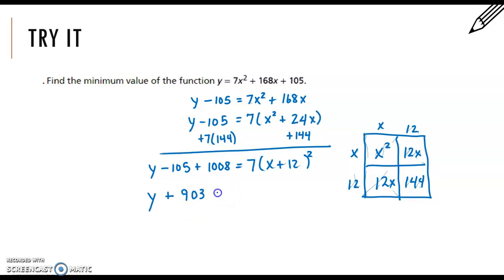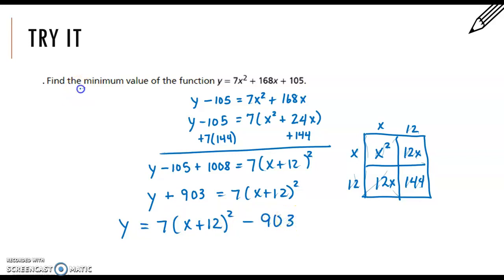And then I'll subtract the 903 over, so I have y is equal to 7 times x plus 12 squared minus 903.